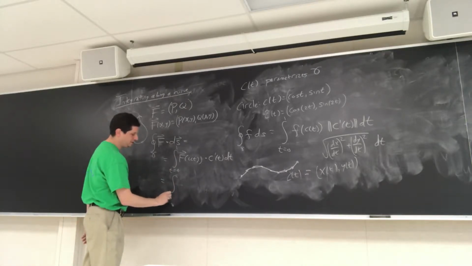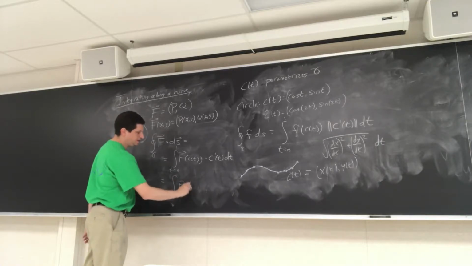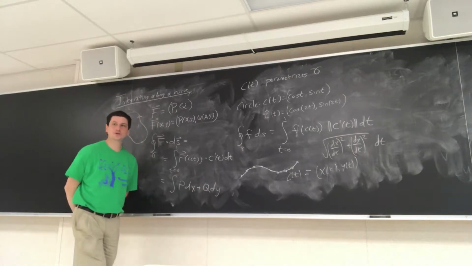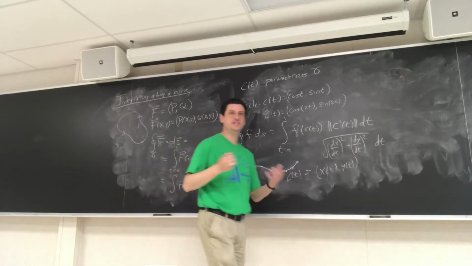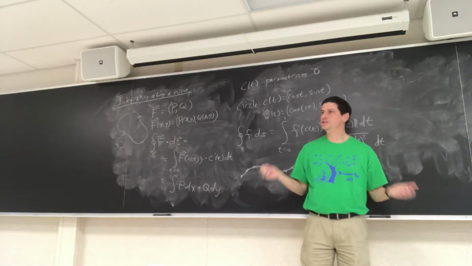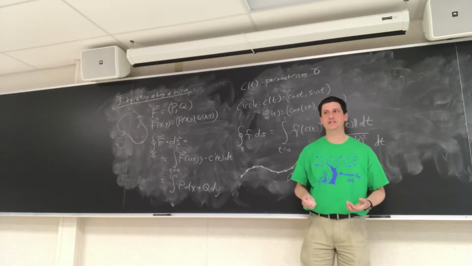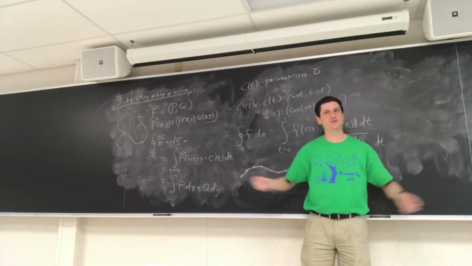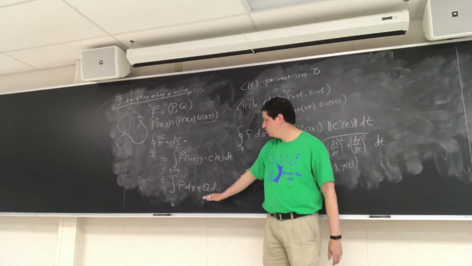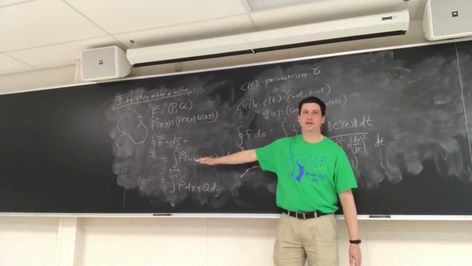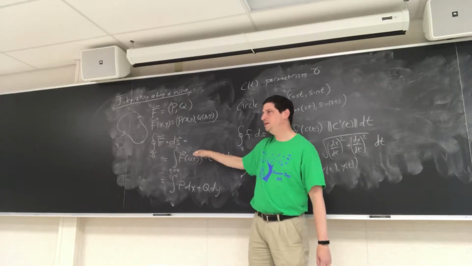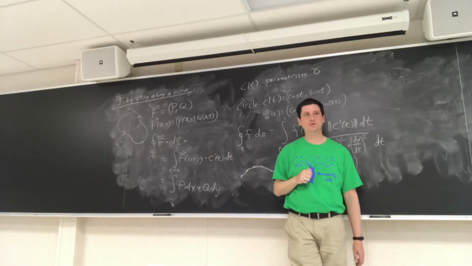And we often would write that as P dx plus Q dy. So it's important to understand what the notation is saying, and that we're trying to use just simple notation and not be overly pedantic and just write so much that we spend all of our time just writing things down. So by P dx plus Q dy, this is what I mean formally. I mean, take my vector-valued function, evaluate it at point c of t, and take the dot product of that with c prime of t.